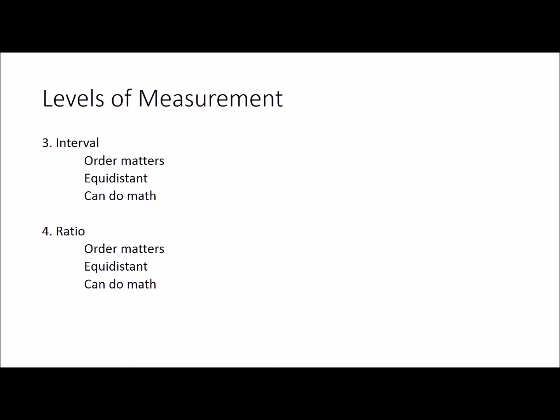The difference is, in interval, there is no true zero. And with ratio, there is true zero. So what does no true zero mean? Well, in interval, 0 does not necessarily mean the empty set. For example, you wake up in the morning, you turn on the news, and the meteorologist says it's 0 degrees outside.